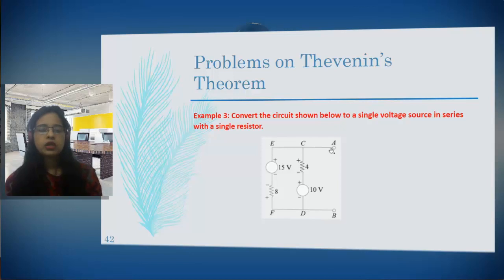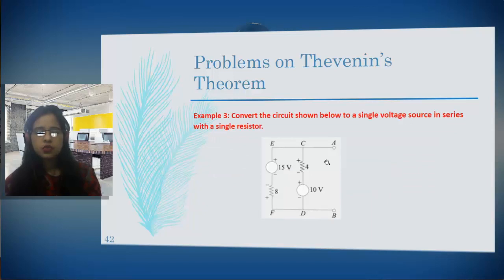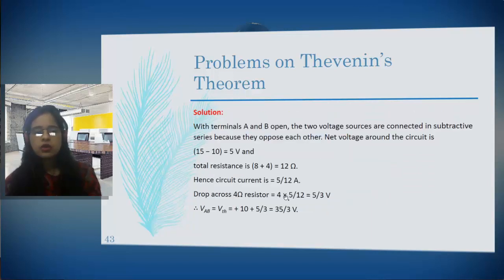All current will flow within this loop only. So this current 5 by 12 is flowing through this 4, so the drop here will be 4 into 5 by 12 equal to 5 by 3 volt.